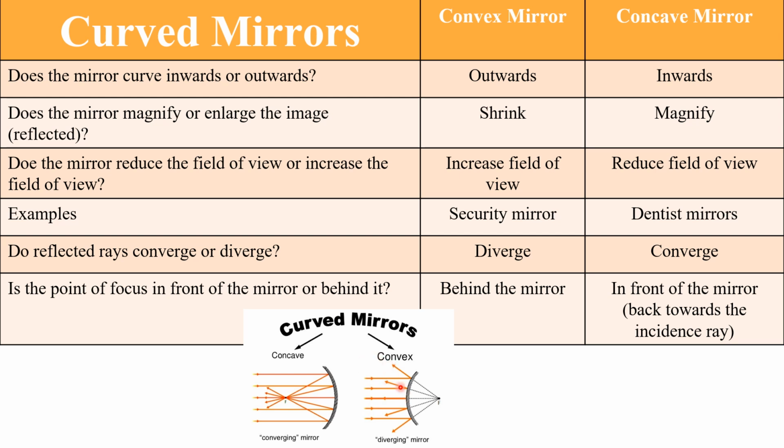So therefore, if we want to find our focal point, we'll have to trace around the mirror and basically get a ruler out and draw these lines and find a focal point, which would be behind the mirror. And so therefore we use convex mirrors when we want to shrink the images. So that's what we might use for a security one in the corner of, say, Kmart. And the trade-off is that we actually increase our field of view, because if we're using that security mirror, we want to be able to see the whole store by just looking up in a corner.